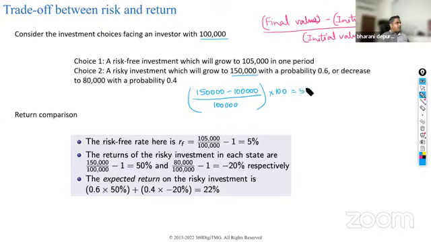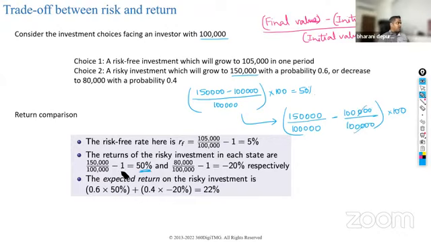This would actually give you 50%, and that is what we have here. Okay, why is it -1? This can be written as 150,000 divided by 100,000 minus 100,000 by 100,000. This can also be written in this way. If you're new to math and calculations, this is what is happening. This would be 1. It's the same thing. Okay.